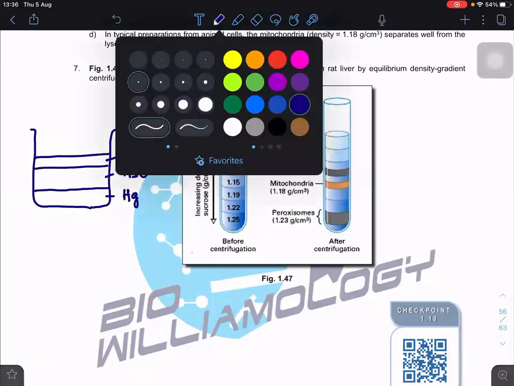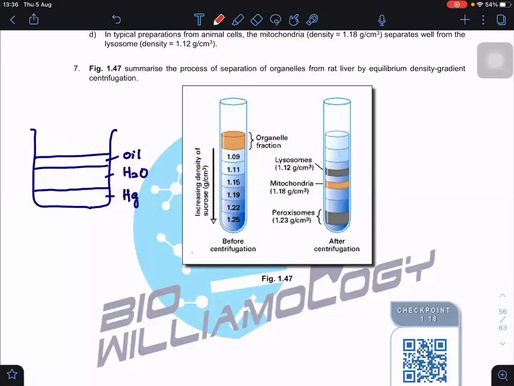So if I drop something, let's say object A, and object A now floats here. So we know that the density of A is lower than the oil. So that's why it floats. Okay, so if I have object B that sinks down to here, then we do know that object B's density is higher than the oil, but less than the water.